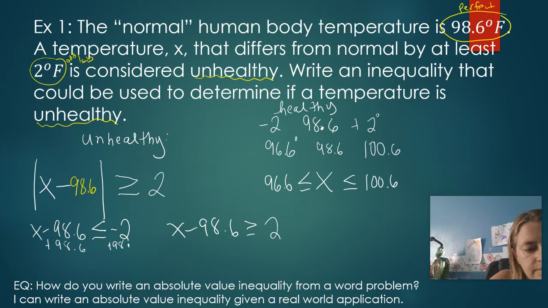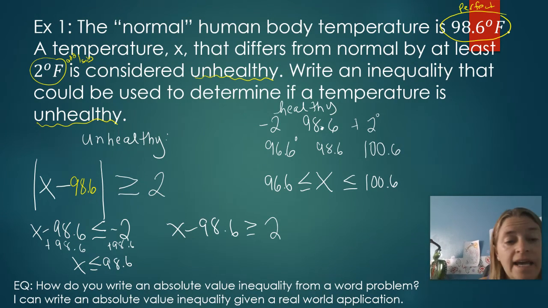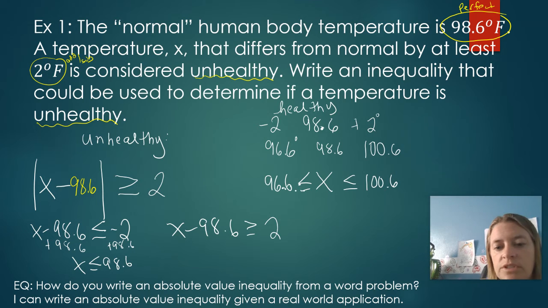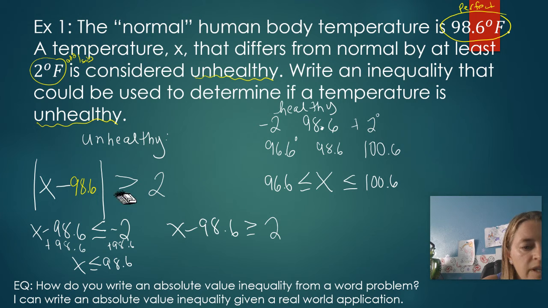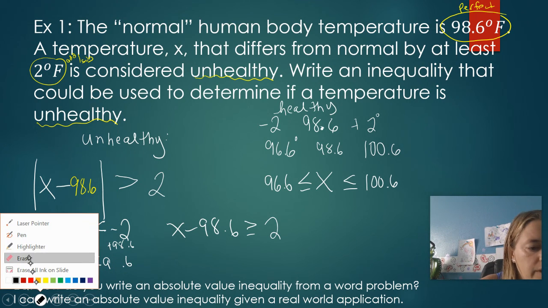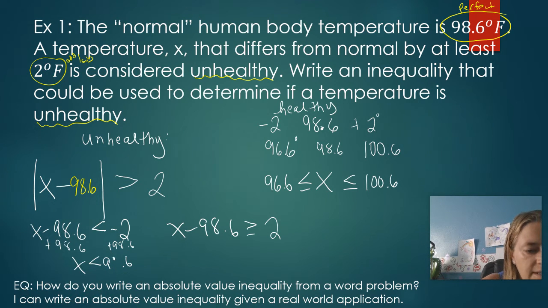So that would be all numbers that are less than or equal to 98.6. And technically, because equal to would be considered healthy, my bad, I made a mistake, we really just want the greater than symbol. Because if it's equal to, that would be considered healthy. And I think I wrote 98.6 again when it should be 96.6.